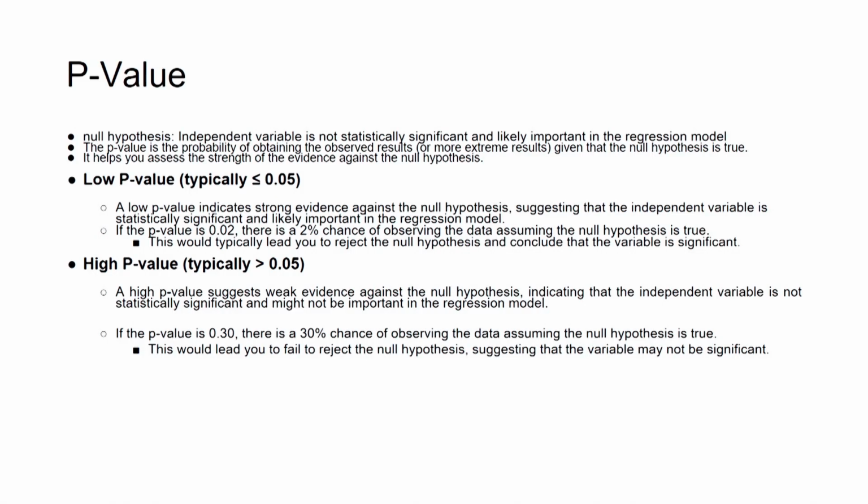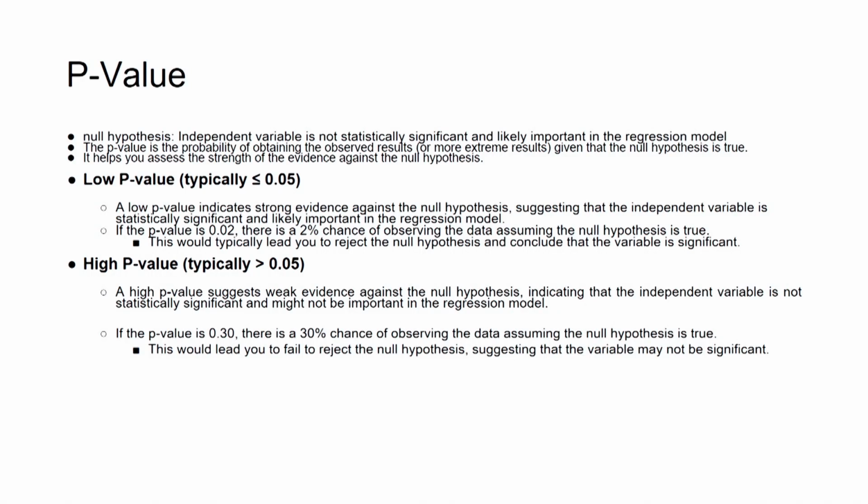and that is why if the value of p is low, in that case you should reject the null hypothesis, and you will conclude that the variable is important. So, the independent variable is important and you should include that variable in your model. And a high p value, typically greater than 0.05, suggests weak evidence against the null hypothesis.